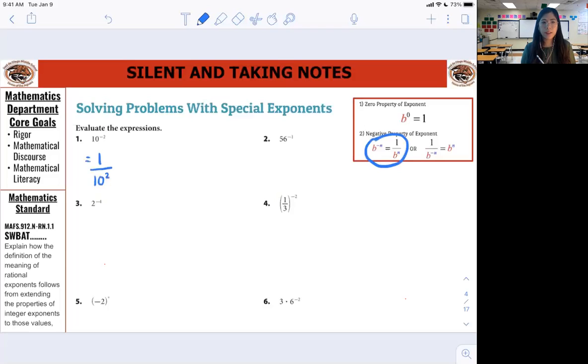And then 10 squared, 10 times 10 is 100. So 10 to the power of negative 2 is 1/100th, 1 over 100. Questions on number 1?